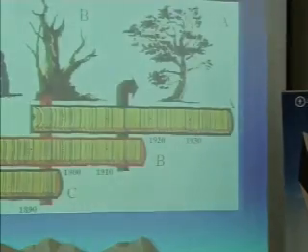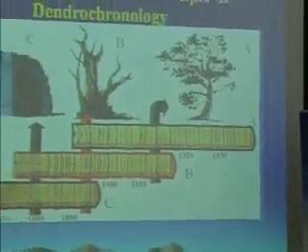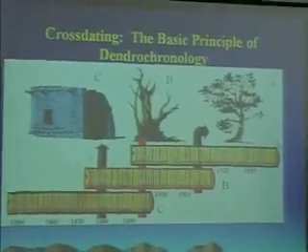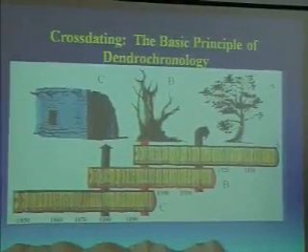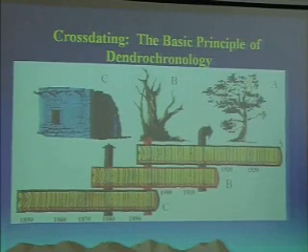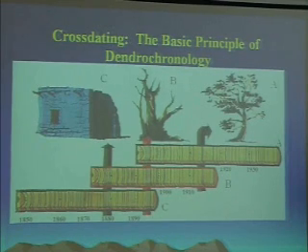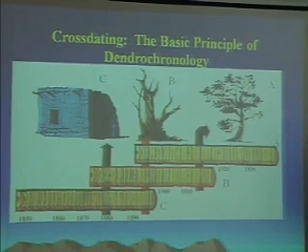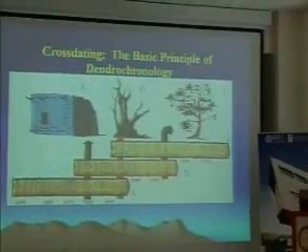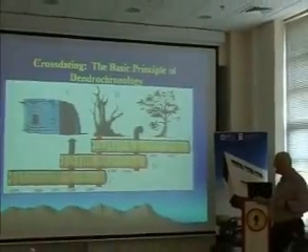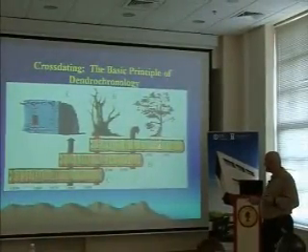Now, this is depending on the concept of cross dating. What do we mean by cross dating? Cross dating means you assign a date to a specific year by looking at many trees to decide the age of the ring, of what year is that year.